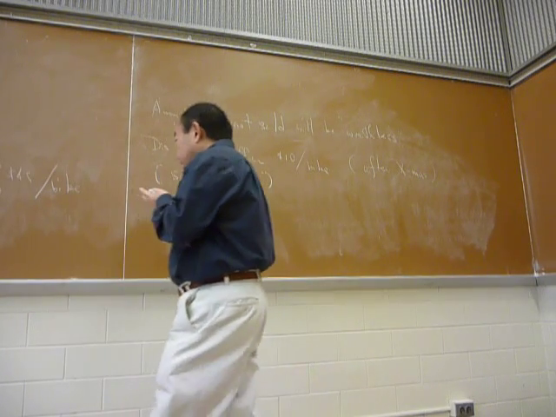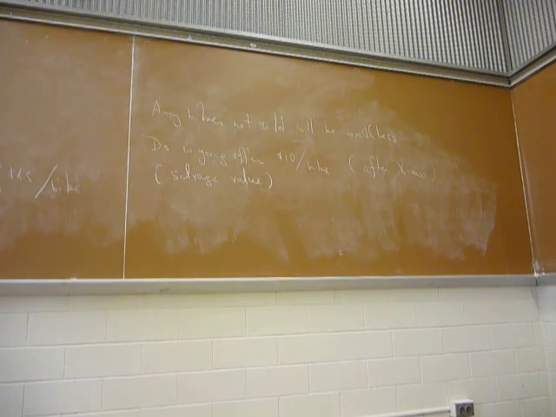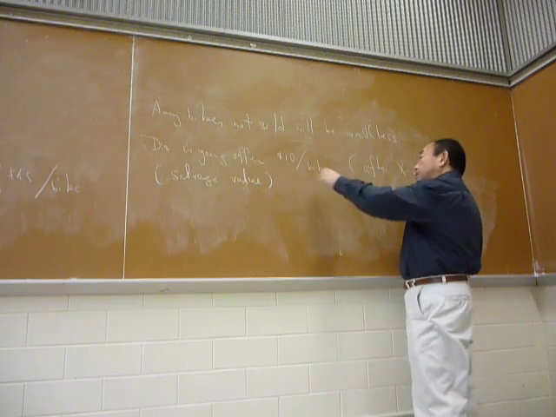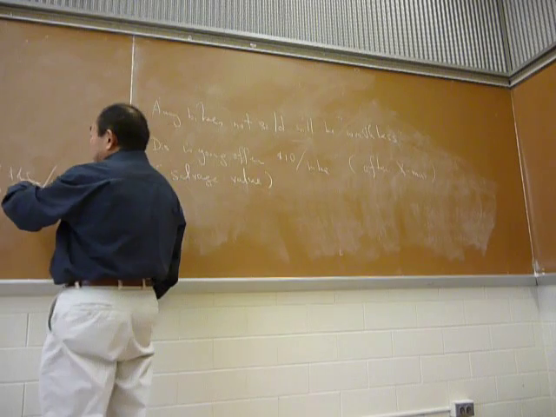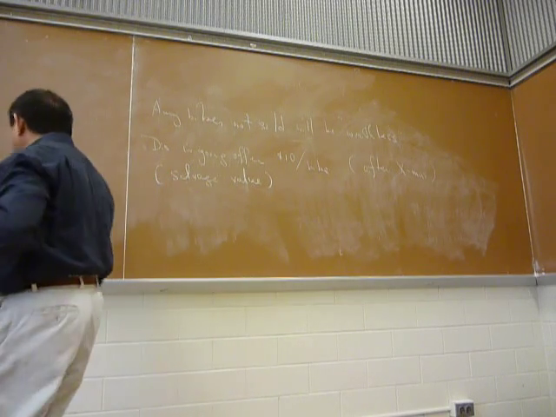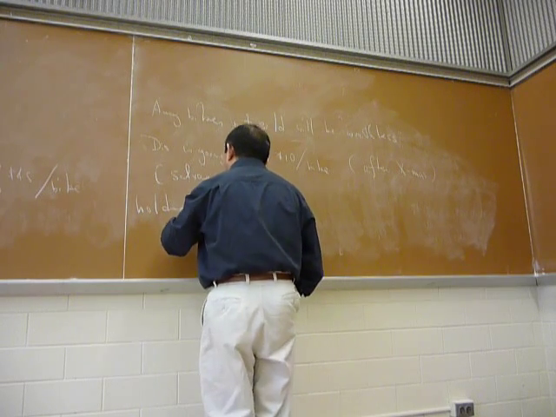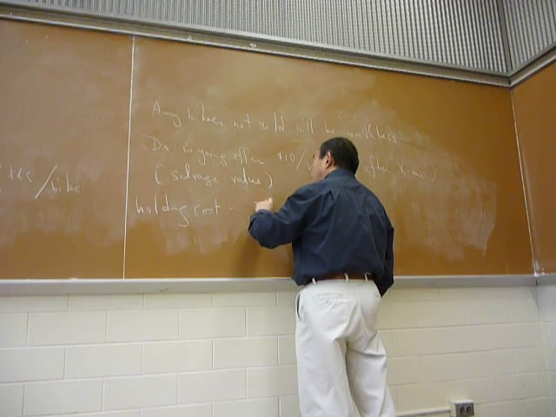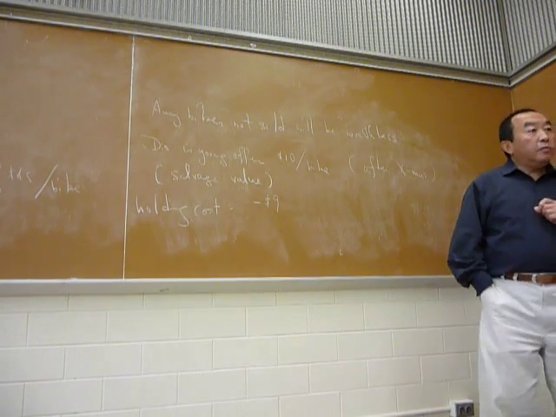The question is, what is the holding cost for that? Well, the real holding cost is not exactly this amount, but the holding cost is in fact -$9 per bag. Why is that?